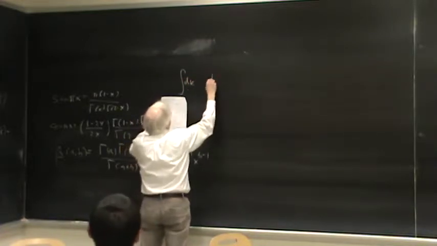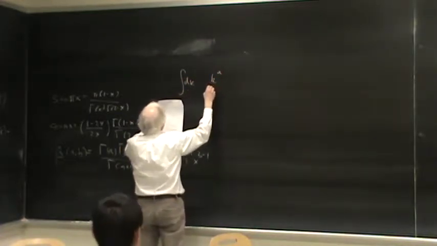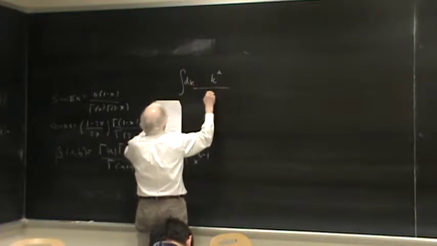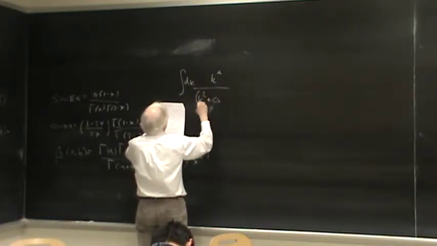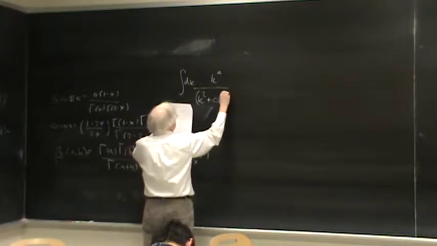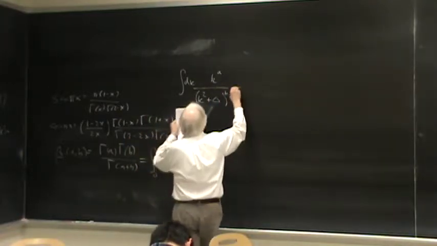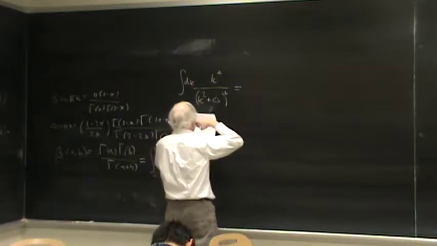The integral dk, k to the a over (k squared plus delta) to the b, and this is just the length of k here.